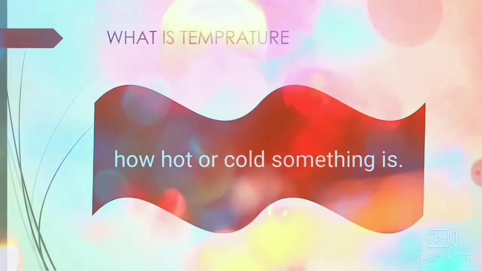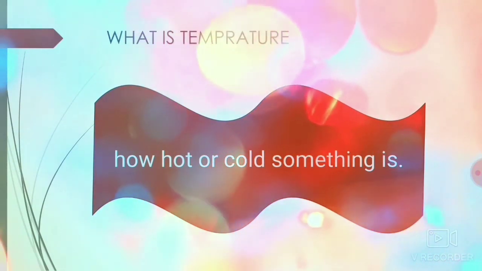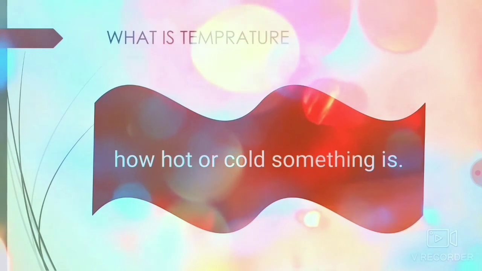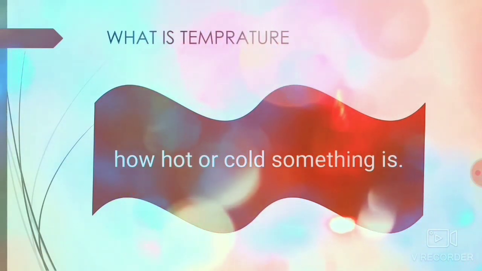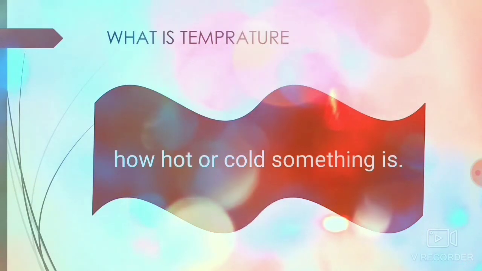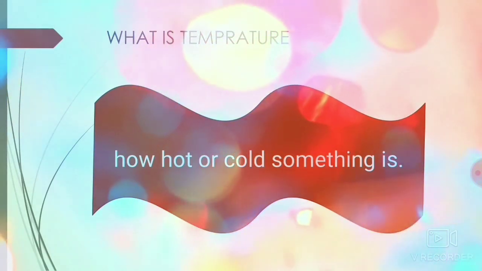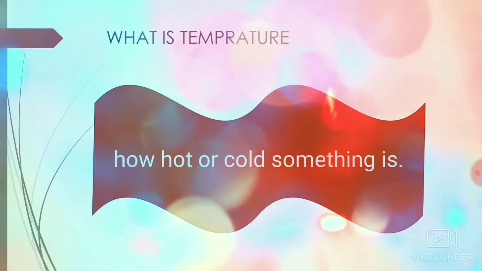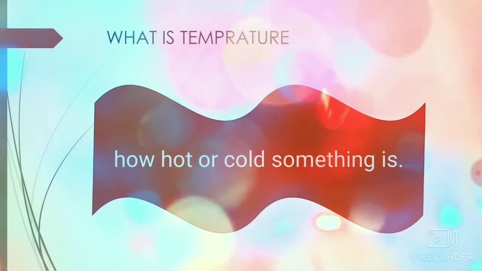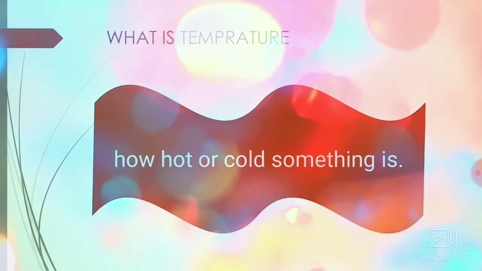But how can we measure the temperature in the world or in the atmosphere? Yes, we can also measure the temperature in the atmosphere. How? In the meteorologist department, they use a thermometer called the minimum and maximum thermometer.